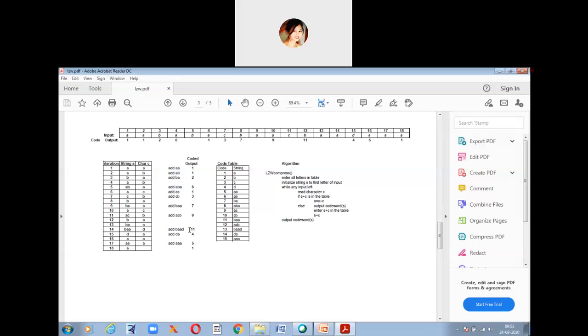AC again we are not considering, because AC is already there. Then ACB. ACB is 9. Again we got BA. BA is already there, so it is not considered. Then BAA again. The BAA value is already there, so we don't consider this again.